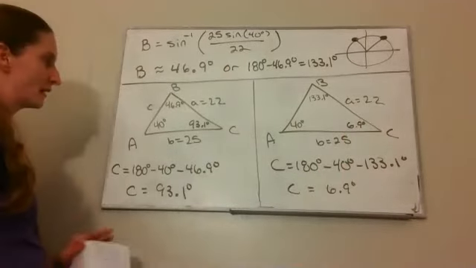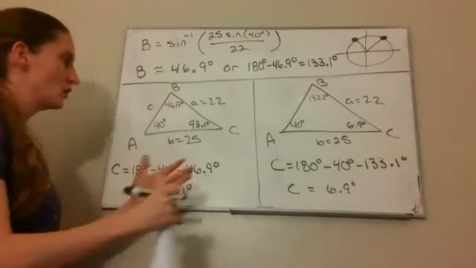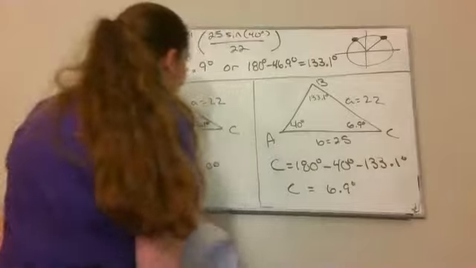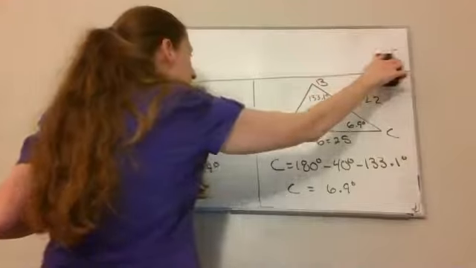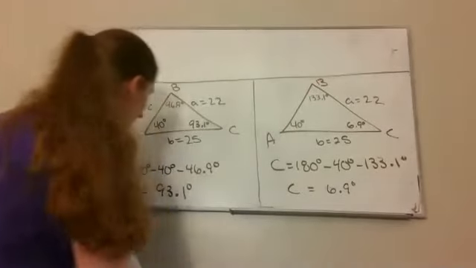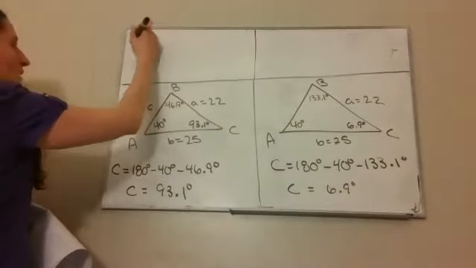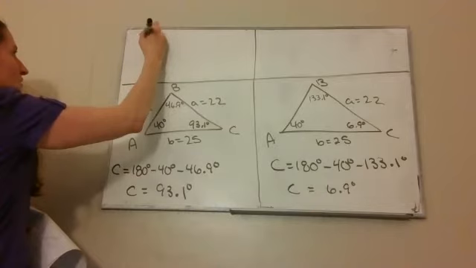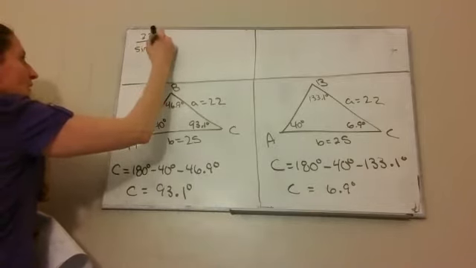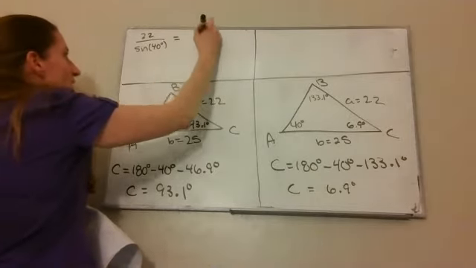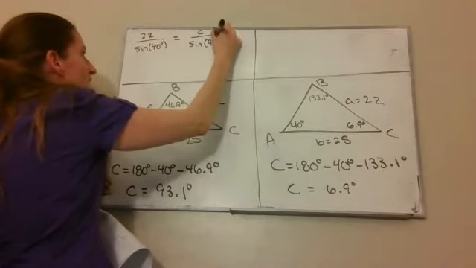So those are my 2 possibilities. And then I would have to find side C using my law of sines. On the first triangle, I can do my A, which is 22, over sine of A, sine of 40 degrees, is equal to my C over sine of 93.1 degrees.